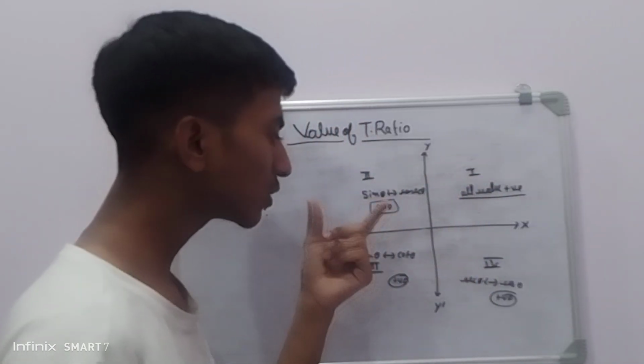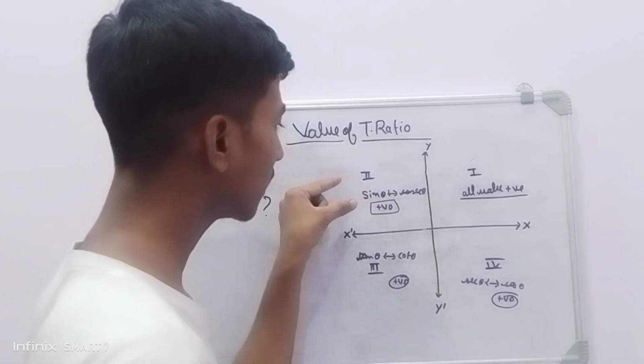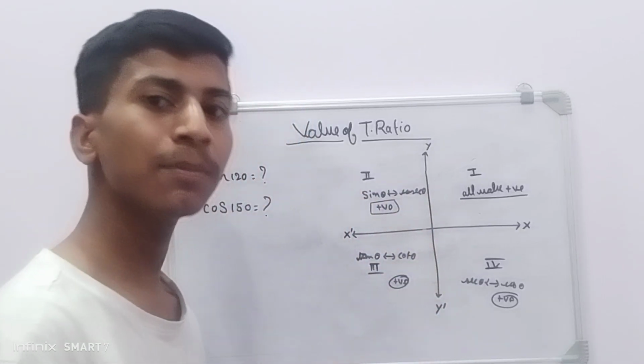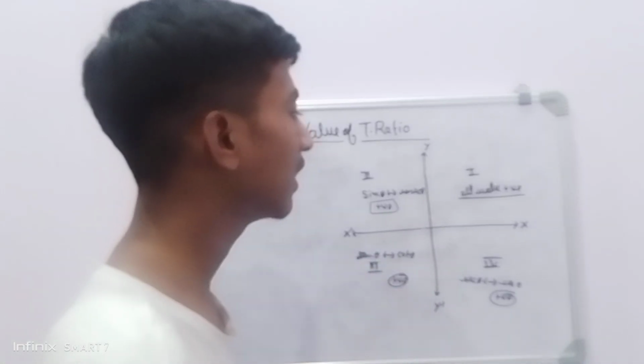If you also want to know why all the values remain positive in the second, third and fourth quadrants, I will make a separate video so that I can explain it clearly.